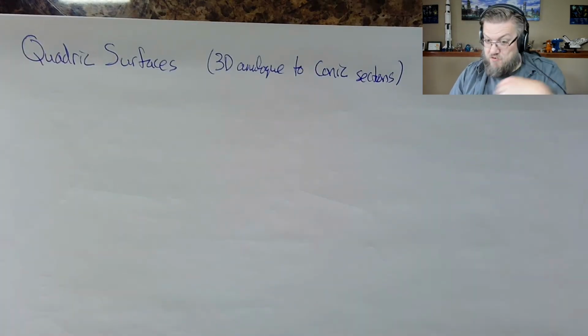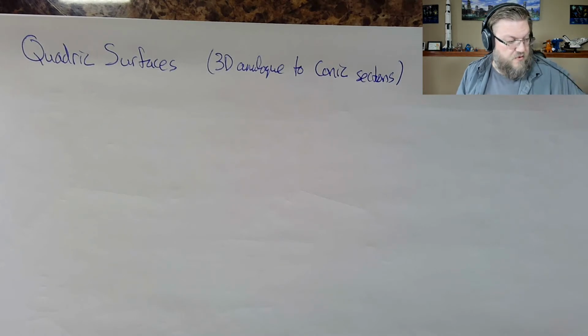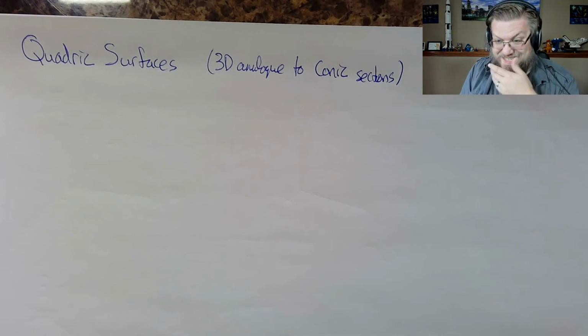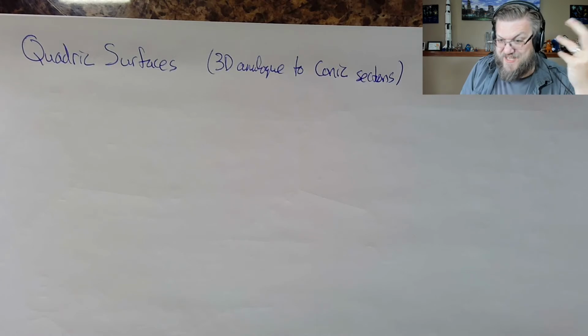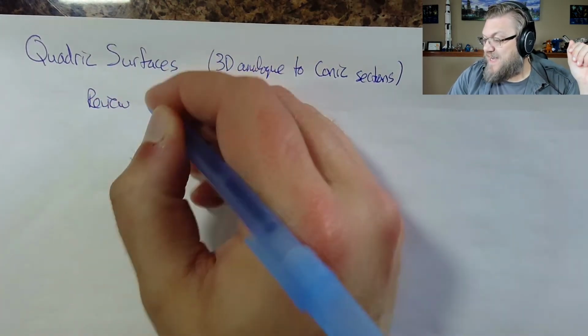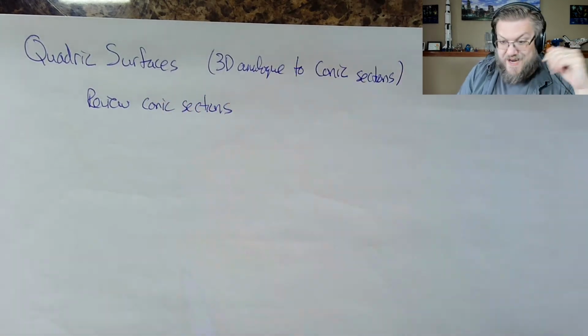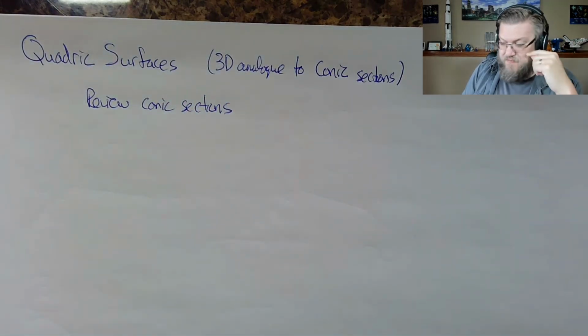Right, and maybe you remember your conic sections, at least hopefully the form or the equations of your conic sections, yeah? So for instance, review real quick, conic sections. At least just recognizing the form of them, right?